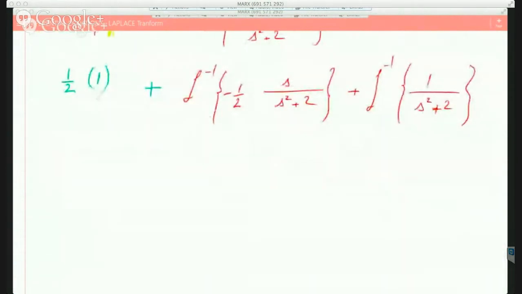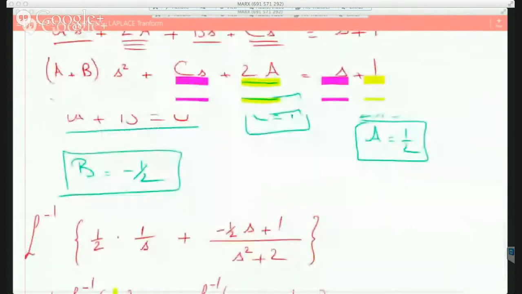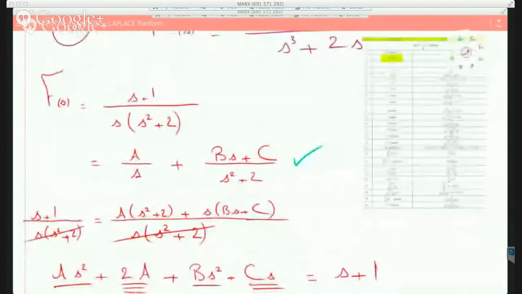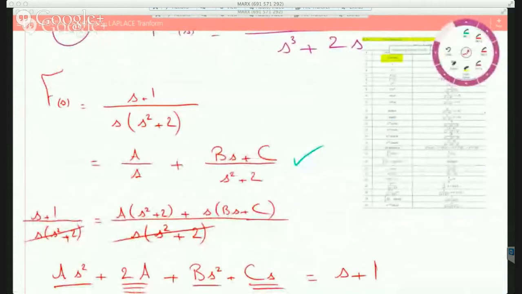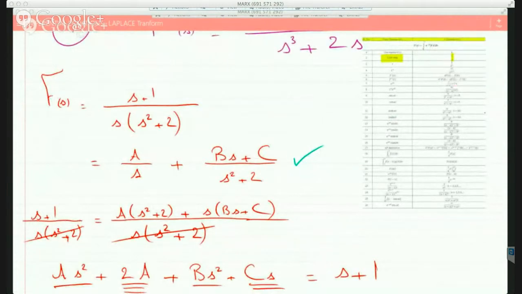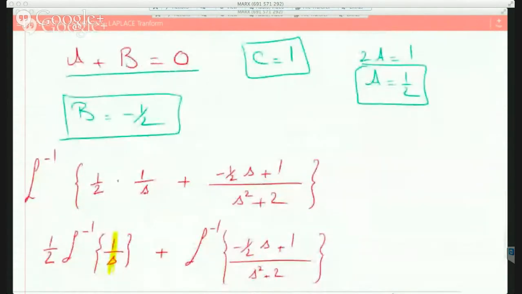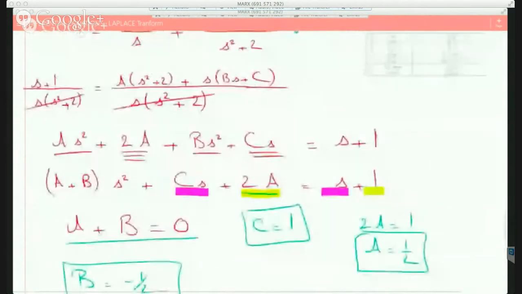And so we need s over s squared plus a squared. And if you look here, we have s over s squared plus 2.